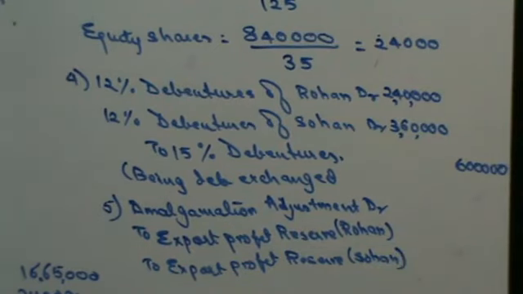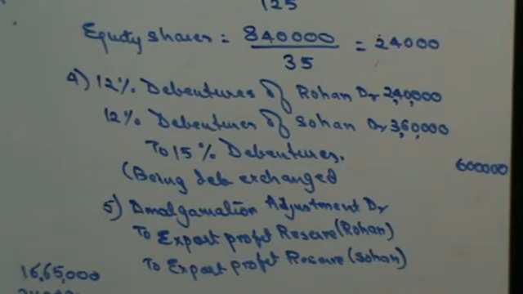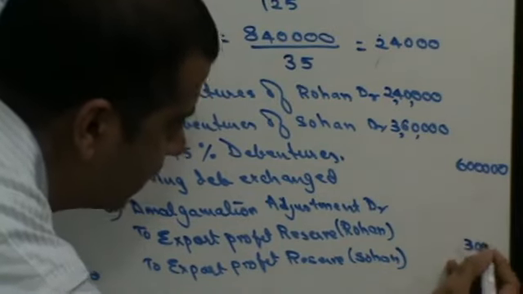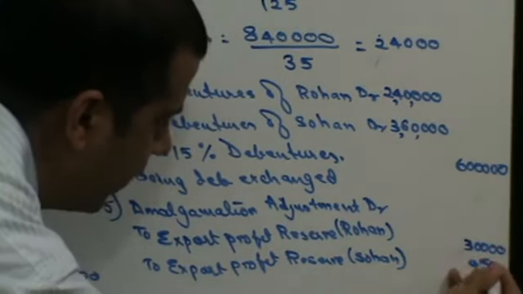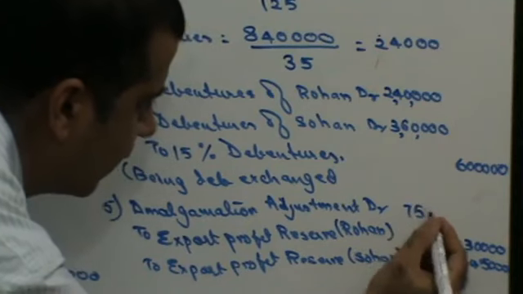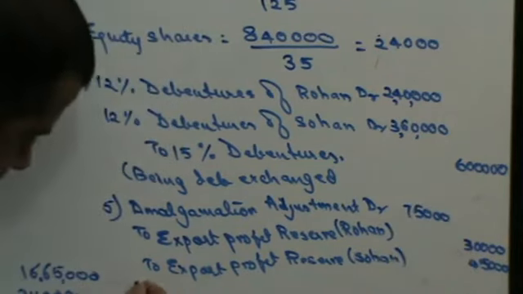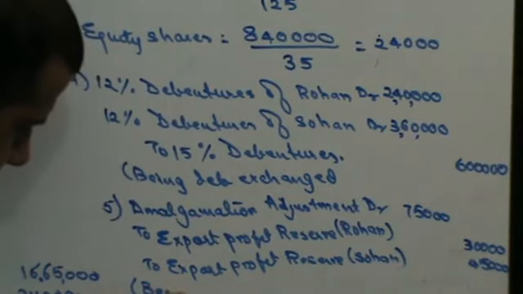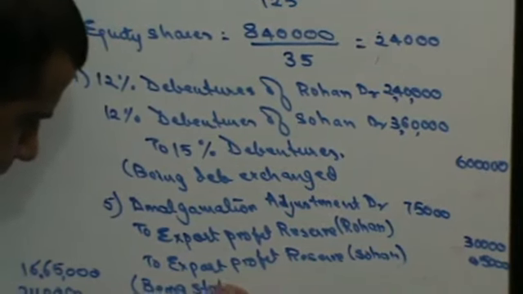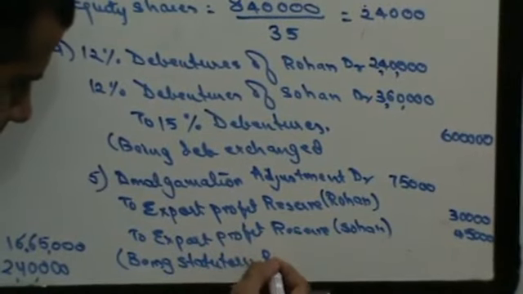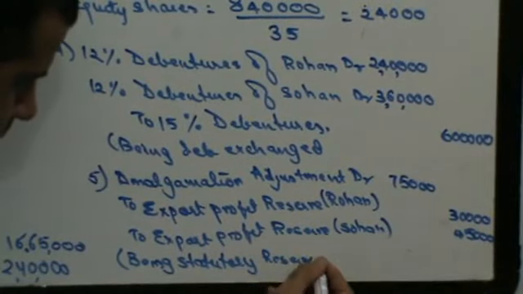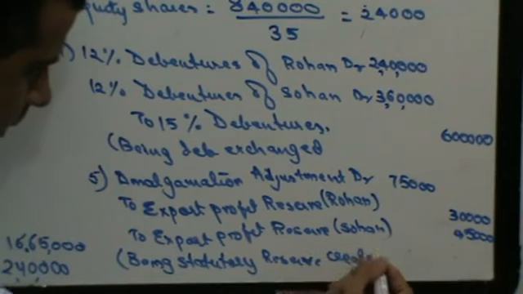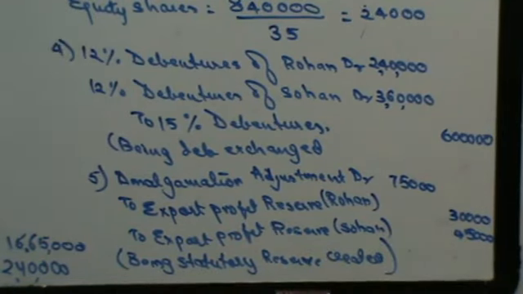Now if you look at the balance sheet, your export profit reserve of Rohan was 30,000 and Sohan was 45,000. That's 75,000 being statutory reserve created. So that finishes all the entries in the books of Mohan.